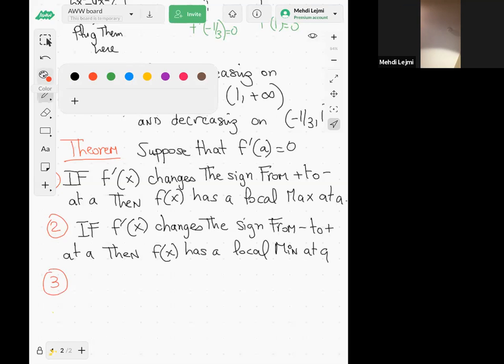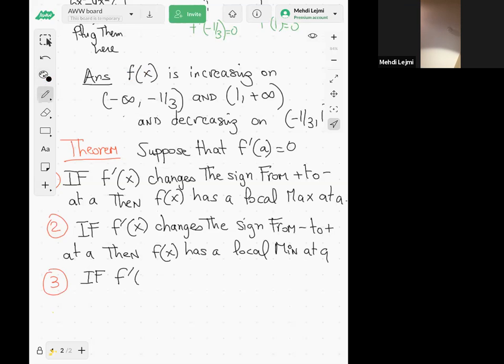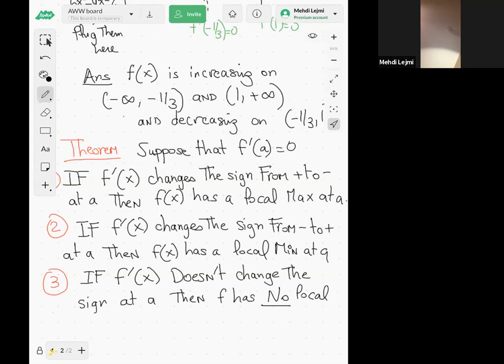So if f prime of x does not change the sign at a, then f has no local maximum or local minimum at a.